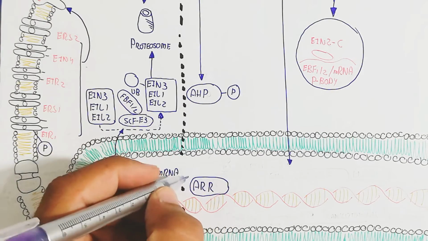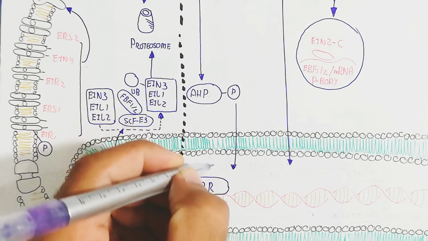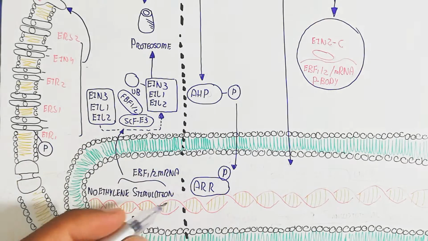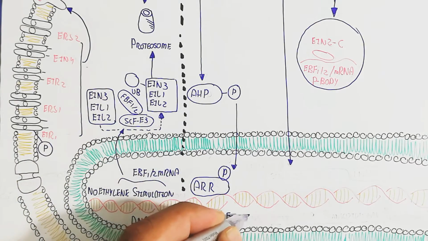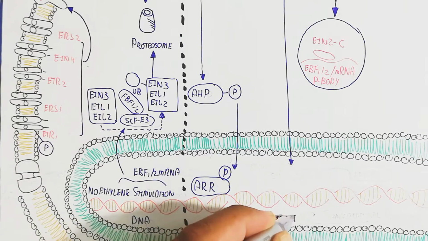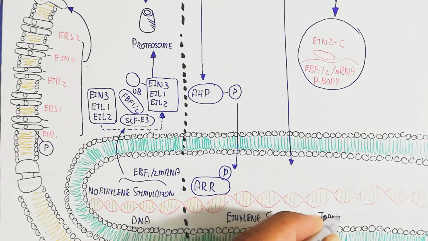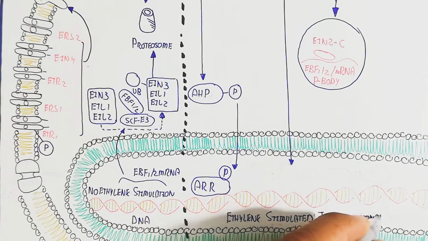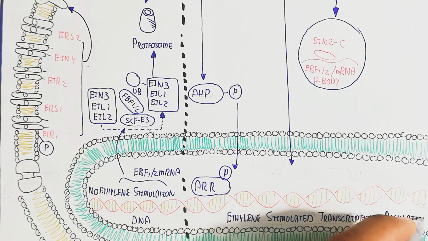So the EIN2C complex formation with the EBF1 and 2 mRNA in the P body will lead to transcription and will be used for the synthesis of proteins for ripening of fruit and storage of glucose.